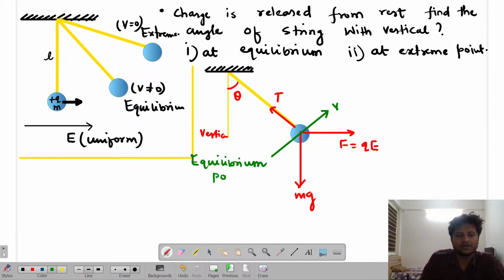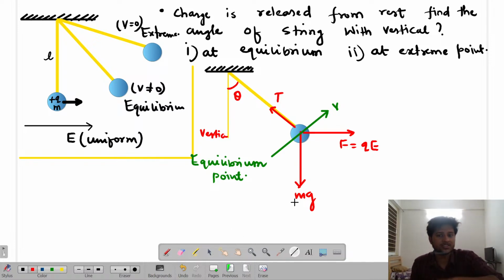Now, if it is an equilibrium point, then net force must be equal to zero, or net force will be zero when total upward force balances downward force, and total downward force should balance my upward force. But if there is velocity, then there will also be a presence of a centrifugal force or not.